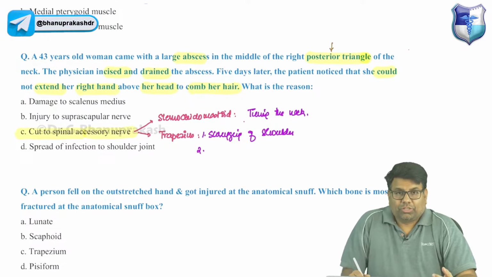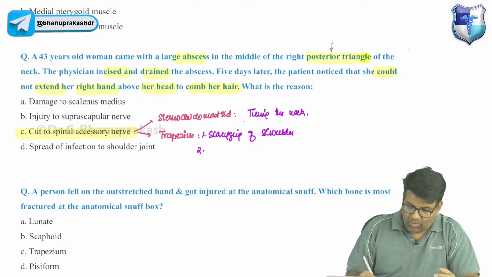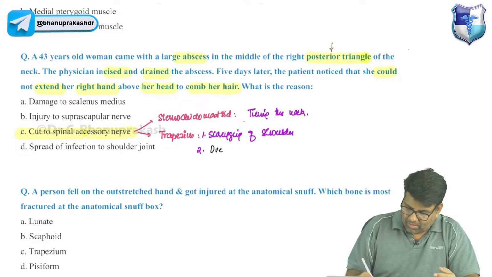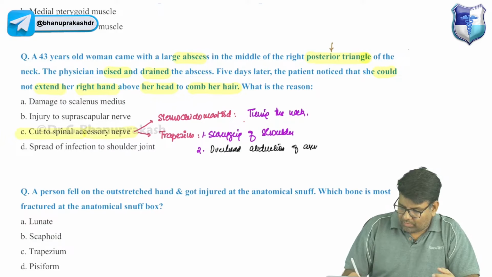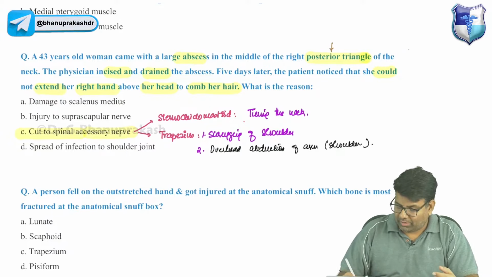Trapezius, one is of course the shrugging movement, lifting the shoulders up, and the second is overhead abduction of the arm, or the shoulder joint, right? So beyond 90 degrees, up to 120.